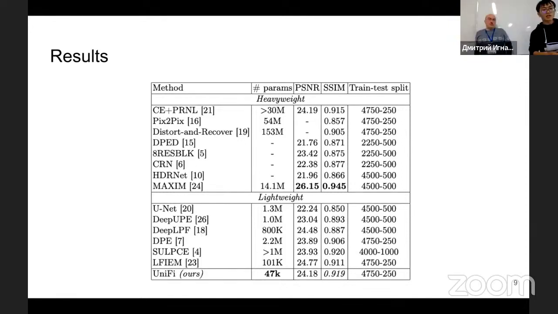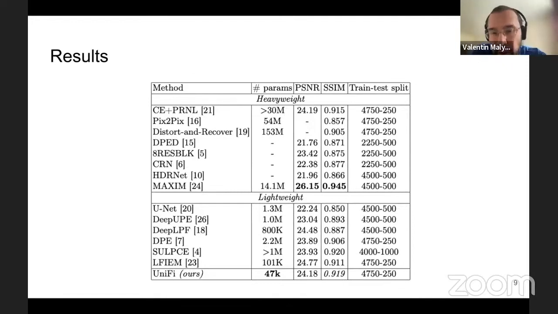Oh yeah. I just think the comparison experiment should use the same train and test split. I just think so. Yes, of course.